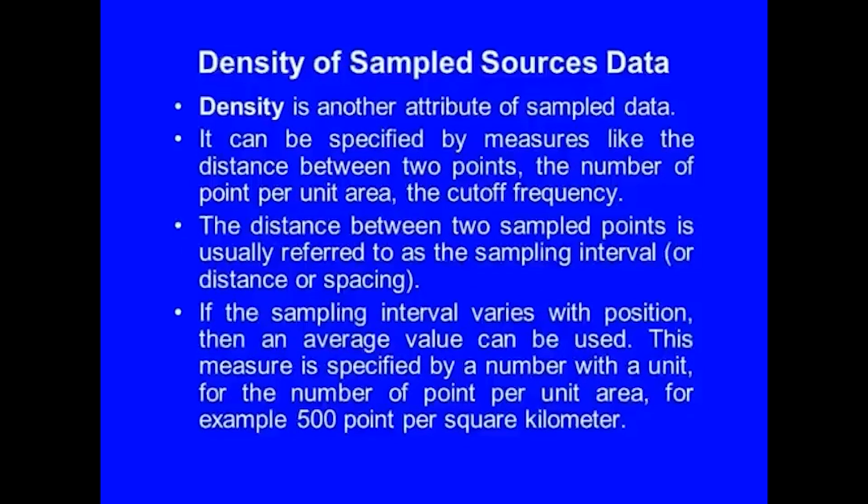If the sampling interval varies with positions, then an average value can be used. This measure is specified by a number with a unit, for example, the number of points per unit area. For example, it could be 500 points per square kilometer.